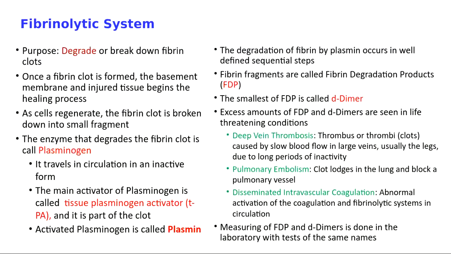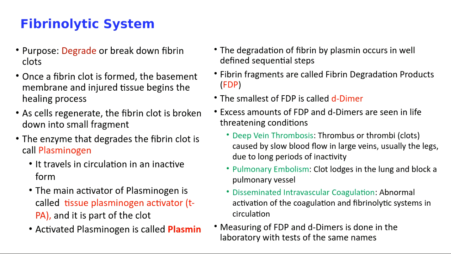It will only degrade the clot when it has been activated to its enzyme form, and that is plasmin. So plasminogen will be inactive, will be part of the clot, and different substances can activate it. The number one substance is tissue plasminogen activator. I love it when it makes sense, right? So we have this substance that is going to activate plasminogen so that it can become plasmin.